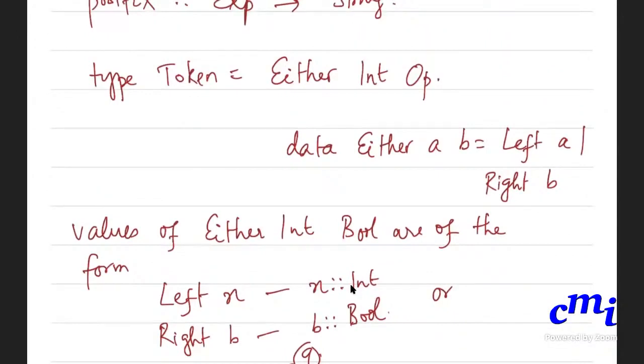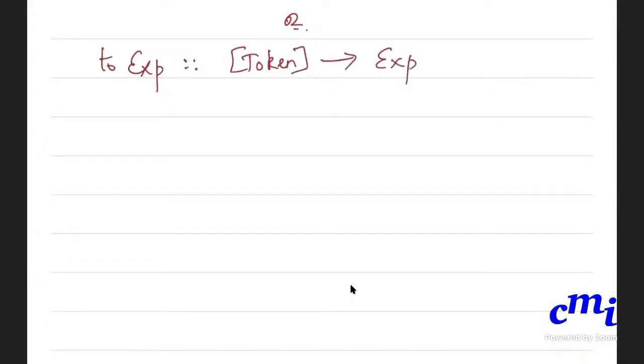Suppose somehow you have transformed your input to a list of tokens. We'll show how to convert that to an expression: list of Token to Expr.